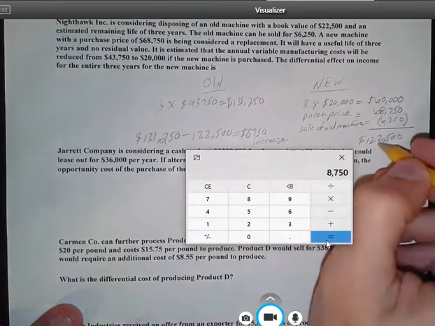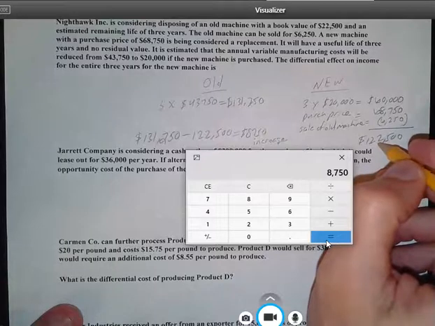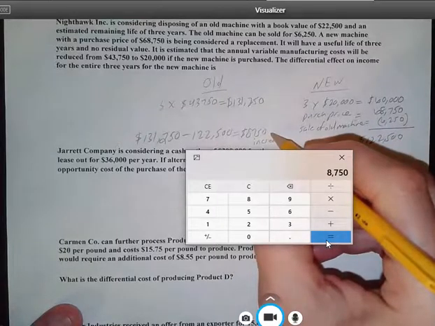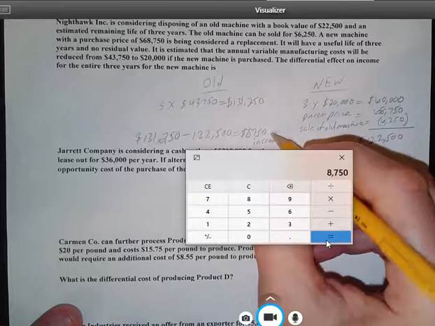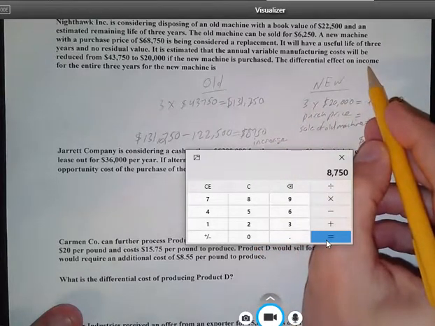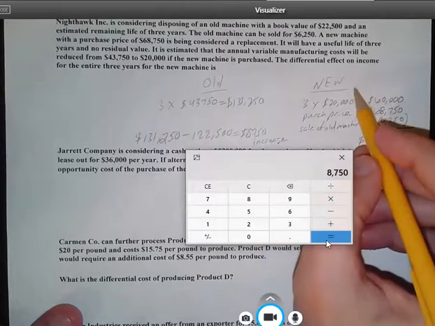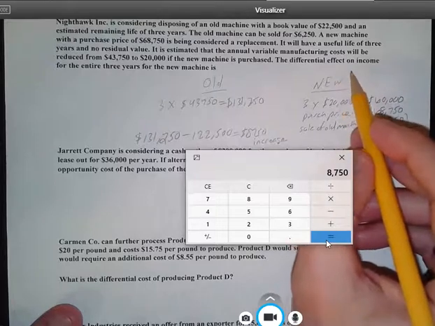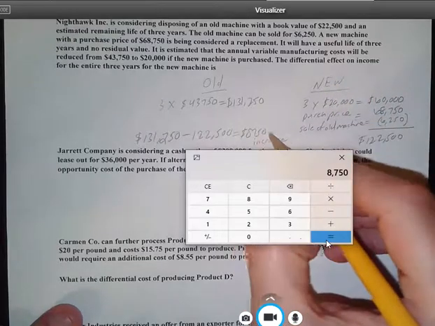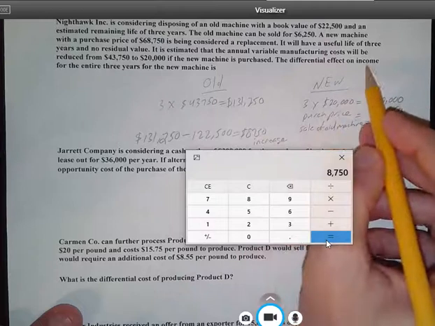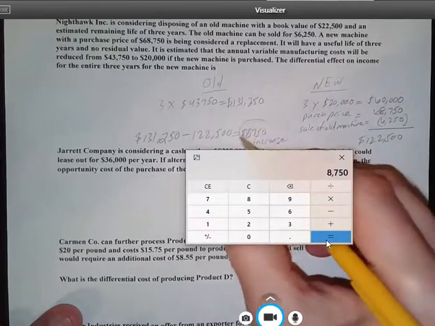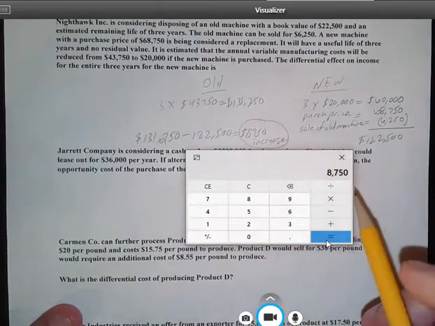If they had asked for differential cost, the answer would still be 8,750, and that's actually what I thought they asked for, but it's differential effect on income. So if they had asked for cost, the answer would be 8,750 decrease, but they asked for income, so it's 8,750 increase. Okay?